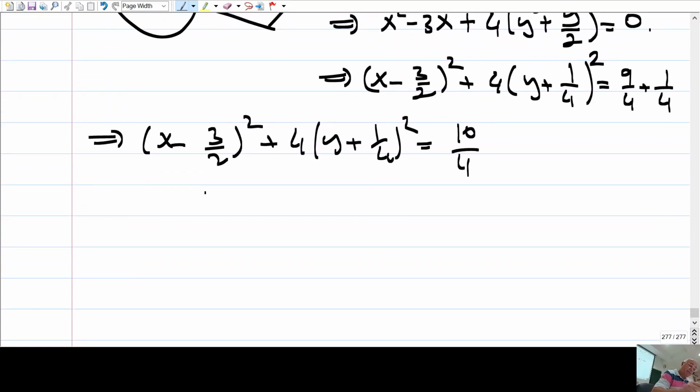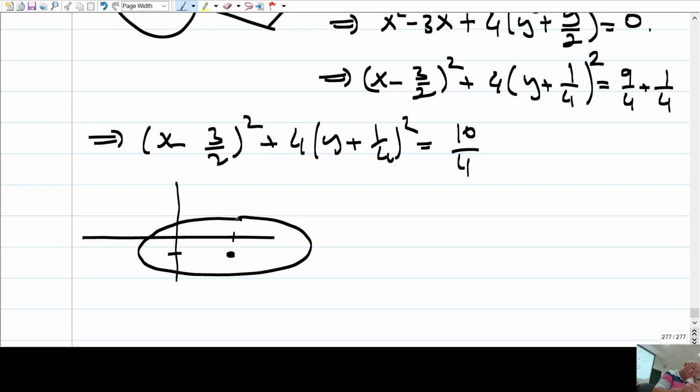Okay, so in the xy plane, this is an ellipse with center 3 halves and minus 1 over 4. So something like this. Y komponentu 4 ile çarpılıyor. O yüzden herhalde şöyle bir şey yani. So this is an ellipse, something like this. Okay.